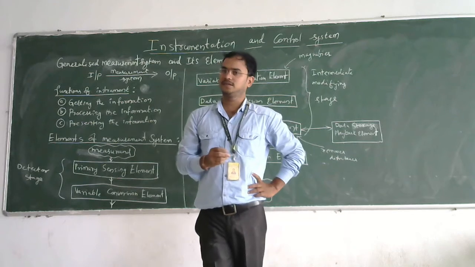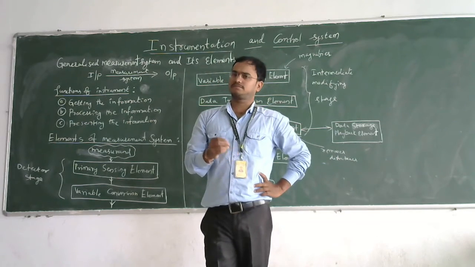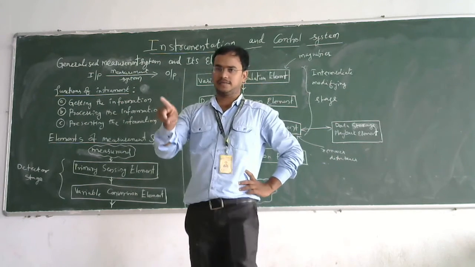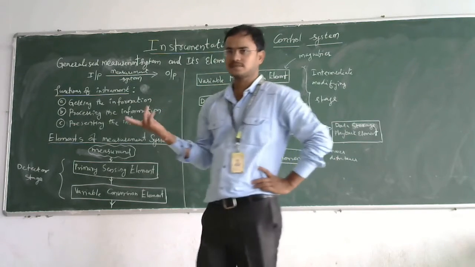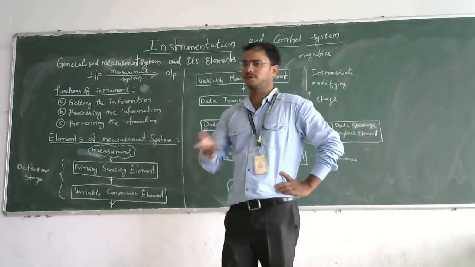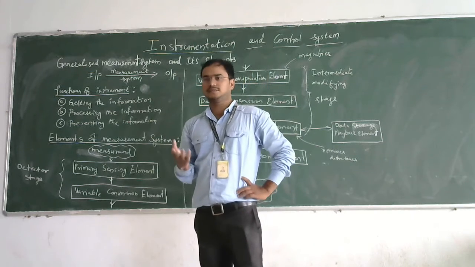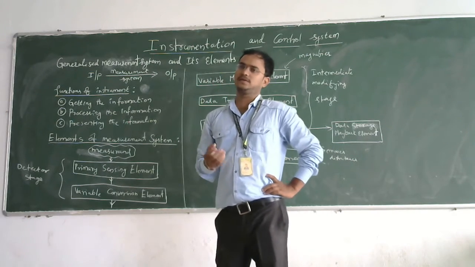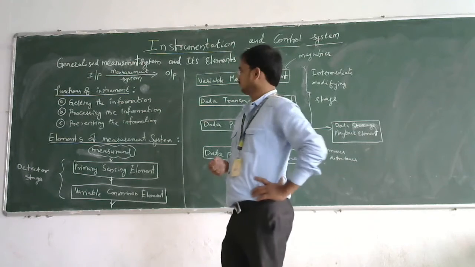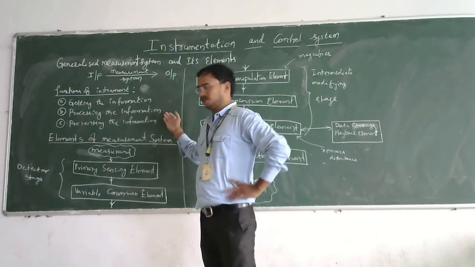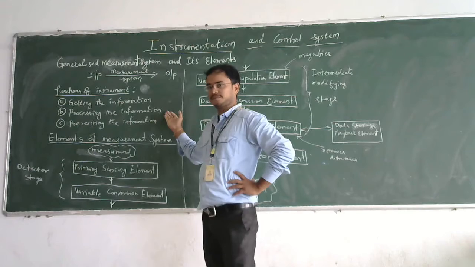In the secondary method, the signal is translated one time. In the tertiary method, the signal is getting transmitted twice. And we have seen the example for tertiary, an electric tachometer, and for secondary, a Bourdon tube pressure gauge. So those things happen in processing the information.